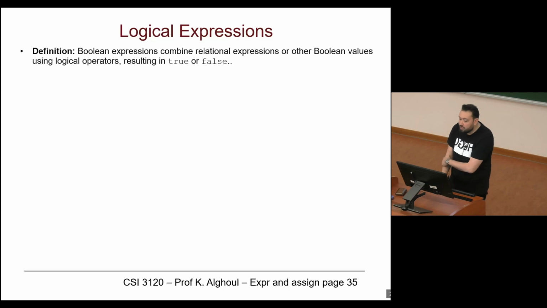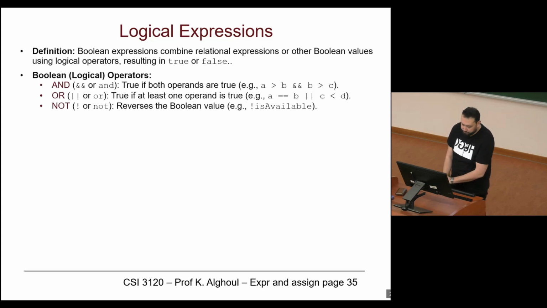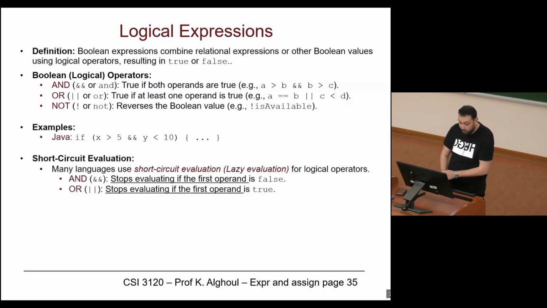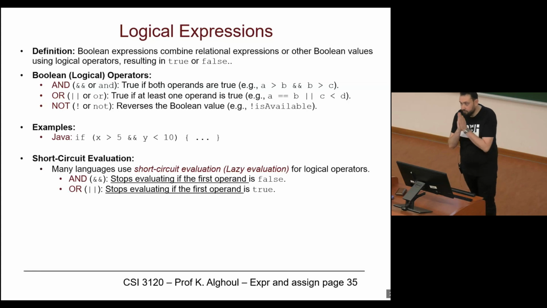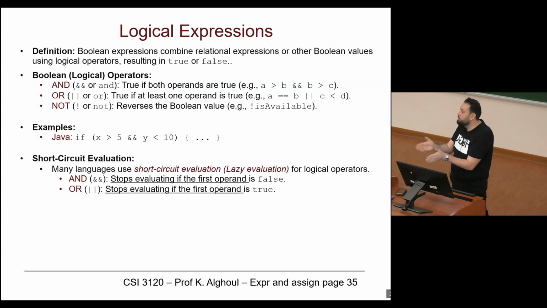Now, logical expressions are more like Boolean stuff. So we're going to have the and, or, and the not. This is an example, and then we have this. The way logical expressions are dealt with in programming languages is called lazy evaluation, which is short circuit evaluation. That means what?